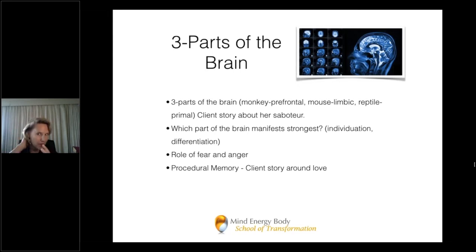And then there's the primal brain, the brain stem, that is the more reptile brain, where a lot of the subconscious reactivity is held. And same with the amygdala, which is part of the midbrain, and a lot of the subconscious reactivity and overwhelming emotions can be burst from that part of the brain.